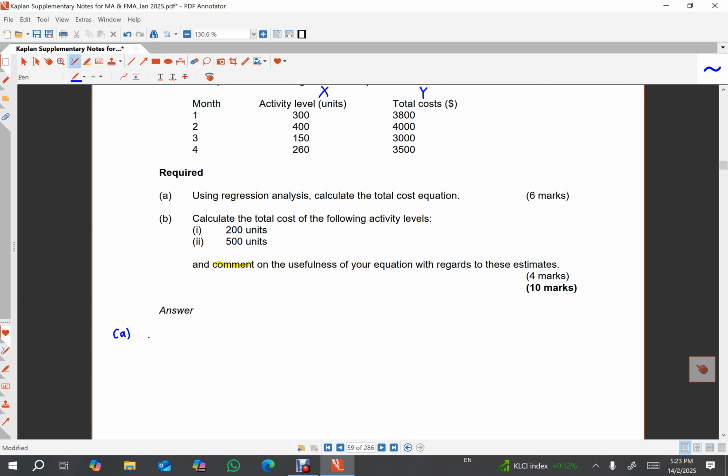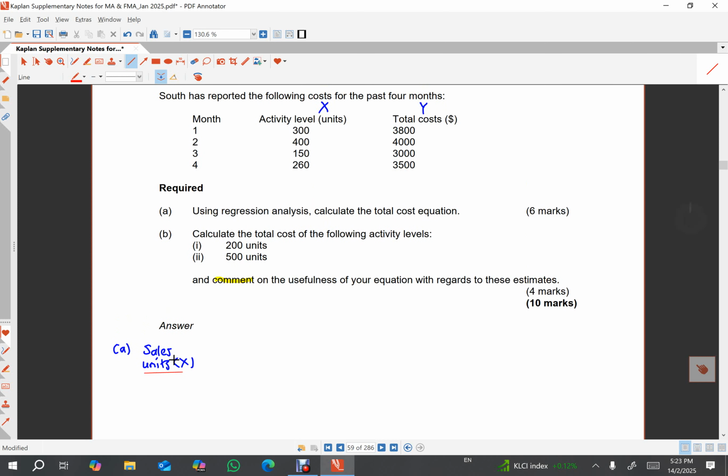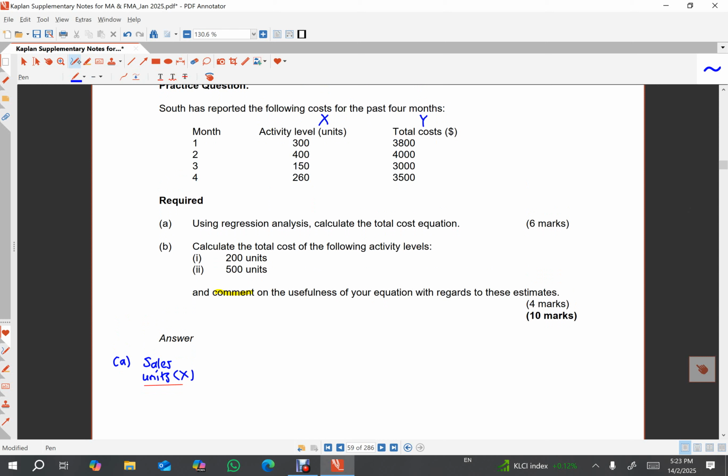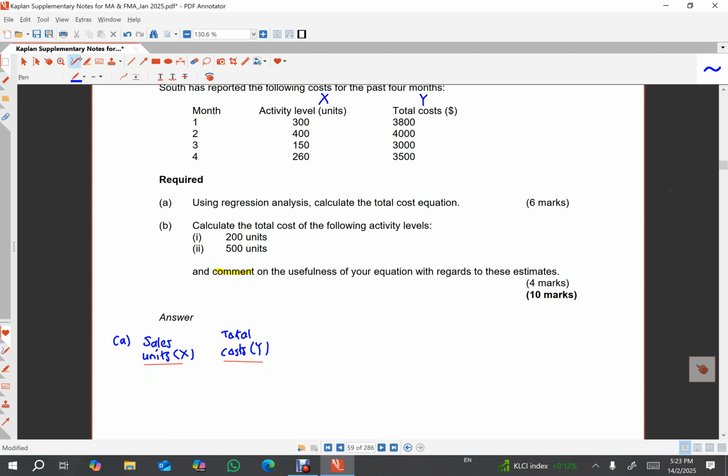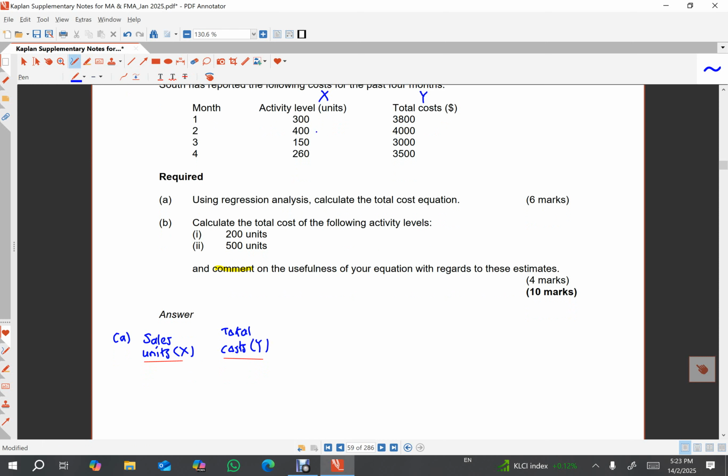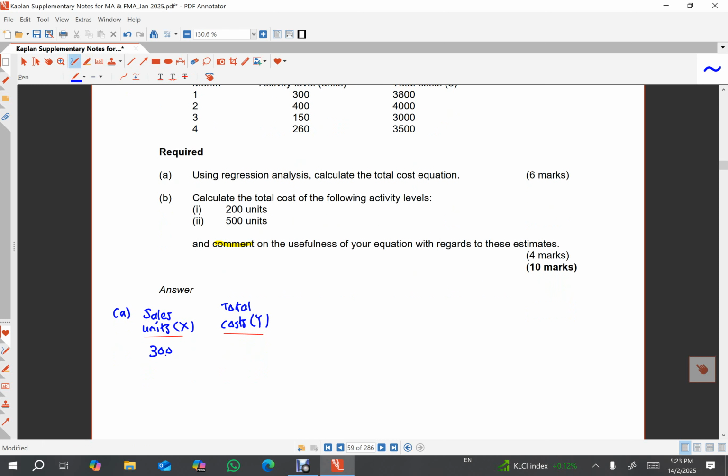The sales unit is X, and the total cost is Y. So we put down 300, 400, 150 and 260.